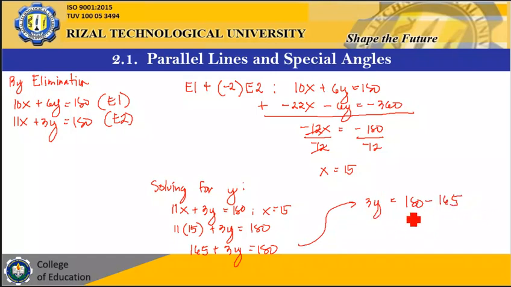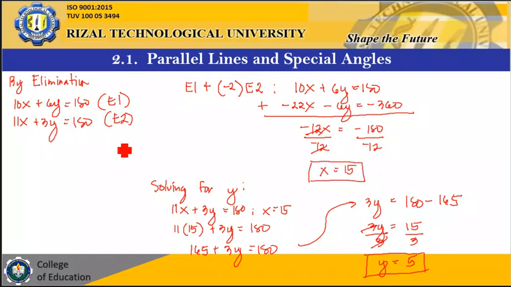Simplifying, we have 3y is equal to 15, and dividing both sides of the equation by 3, we can cancel this one, then y is equal to 5. Okay, and notice that our answer is still the same.